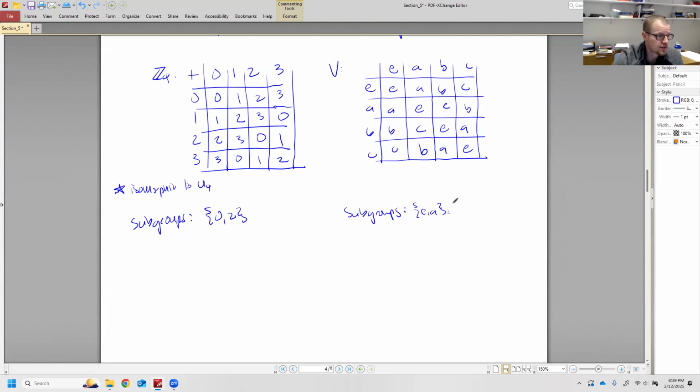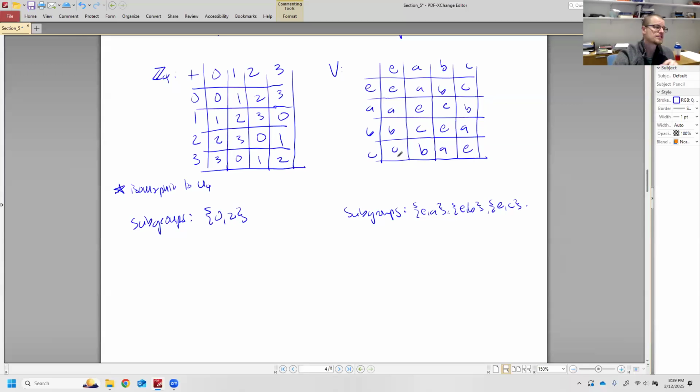So I can also have the subgroup of just E and B. And then similarly, C times C is going to give me E, and EC is equal to CE, which is equal to C. So I get EC as a subgroup as well.